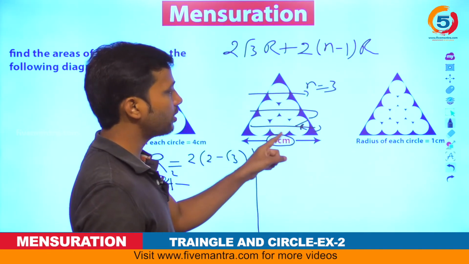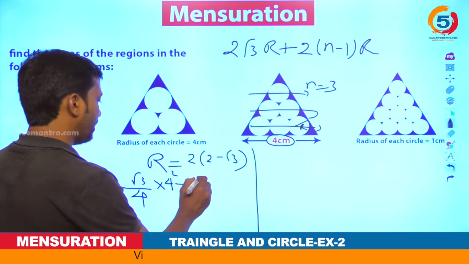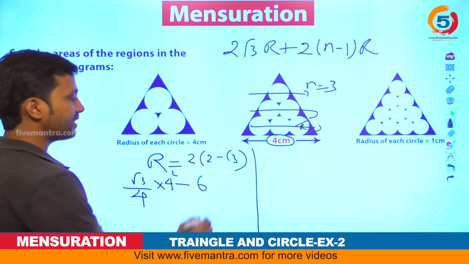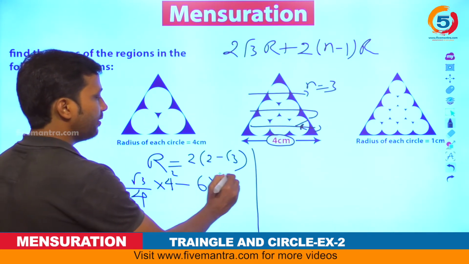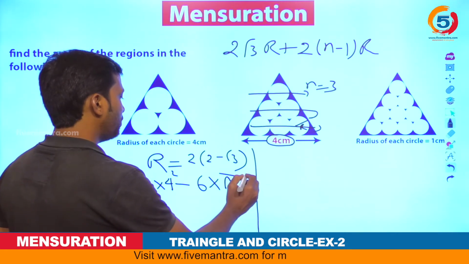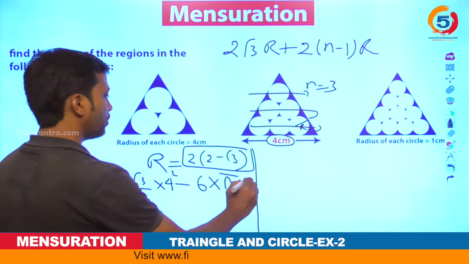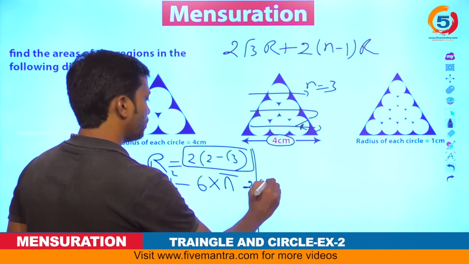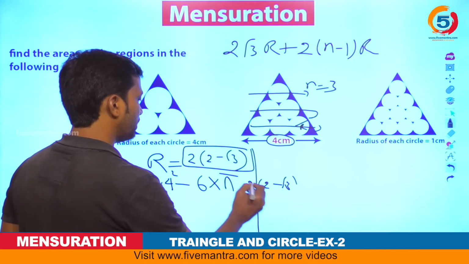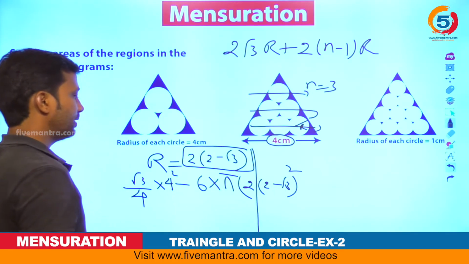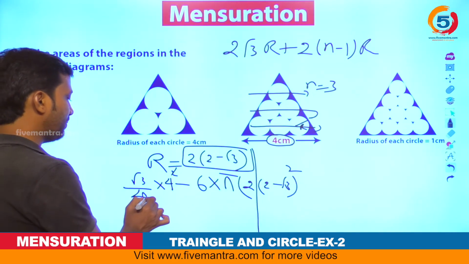Total 6 circles, or not? So 6 circles means 6 into pi r square, where r we find as this much: 2 into (2 minus root 3) whole square. Now 4 square can be cut down.